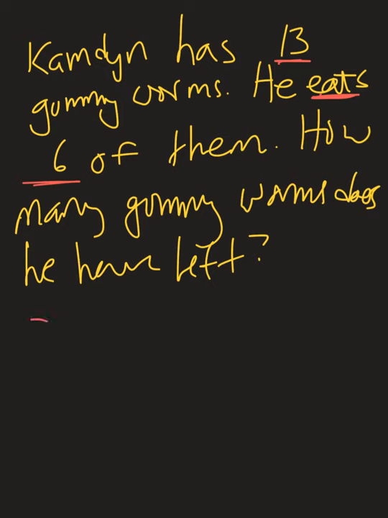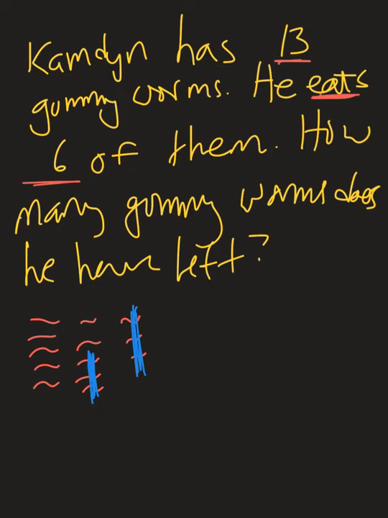So let's see. 1 gummy worm, 2, 3, 4, 5, 6, 7, 8, 9, 10, 11, 12, 13. We're going to draw. And in blue, I'm going to cross off how many he ate. Okay.